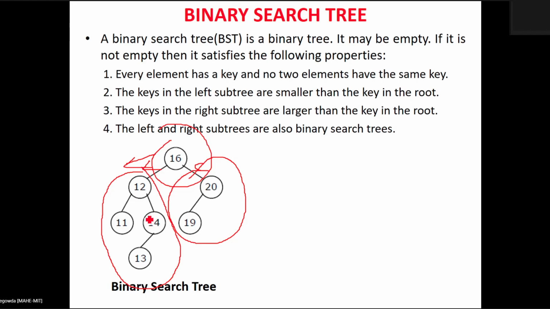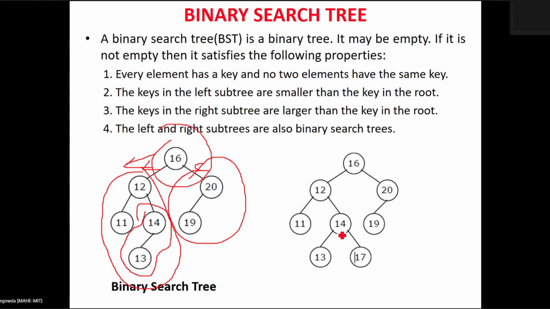Even if you consider the right subtree of 12, the values which belong to the right subtree of the node 12 are larger than 12 at every point, so the BST property has to be maintained.